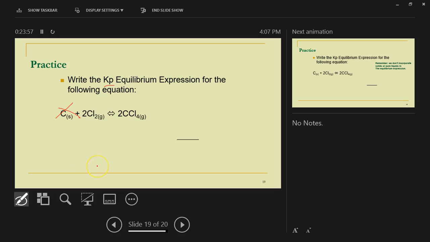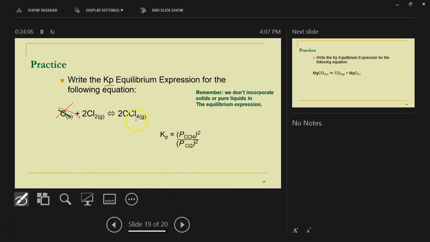Then you wrote your expression to be the partial pressure of your CCl4 raised to the power of the coefficient, divided by the partial pressure of your chlorine gas raised to the power of the coefficient.